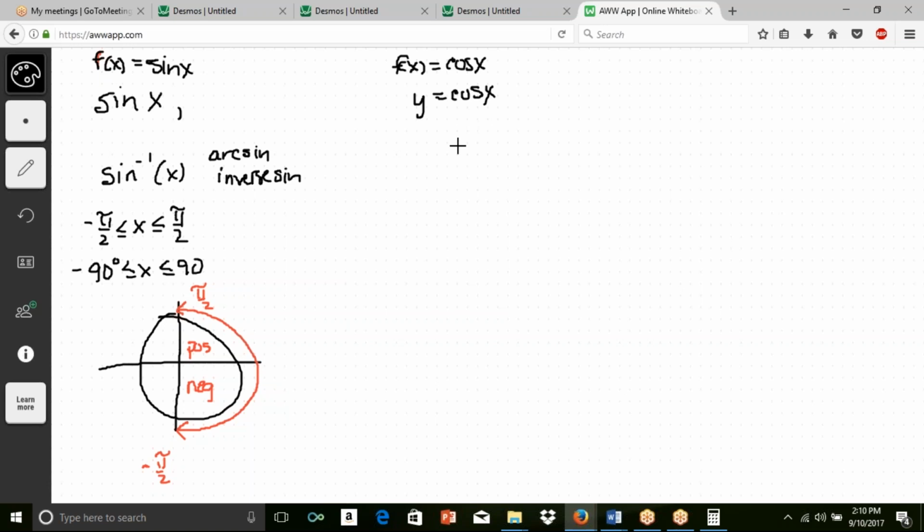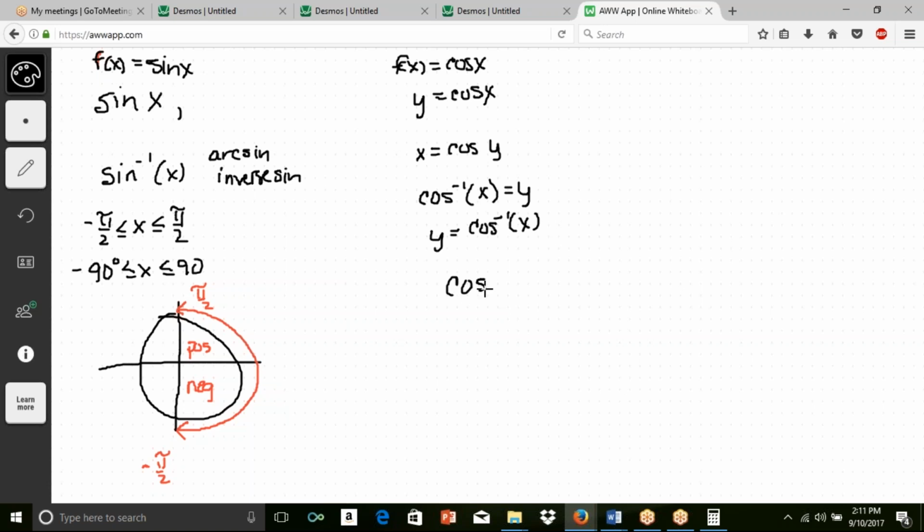And so if I wanted to figure this out, I swap my x and my y, so I have x is equal to cosine of y. And then if I want to resolve for this y, I'm going to say that arc cosine of x is equal to y. So y is equal to arc cosine of x. So it's the same thing.